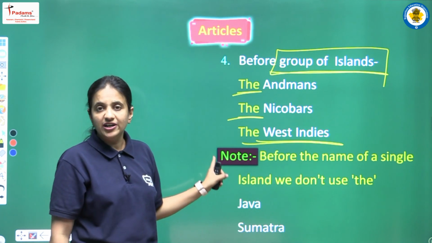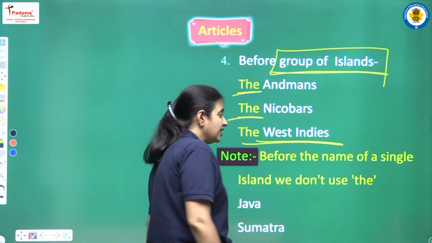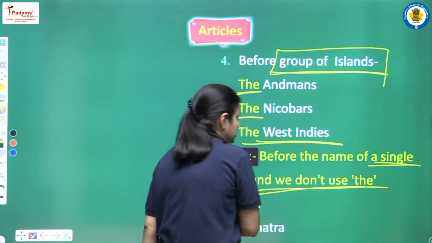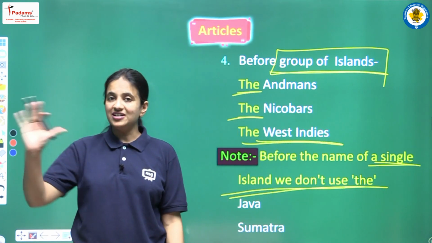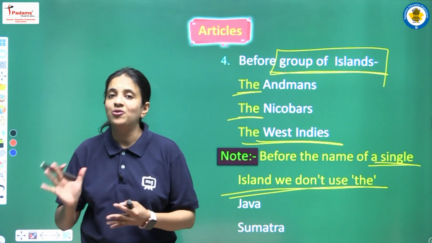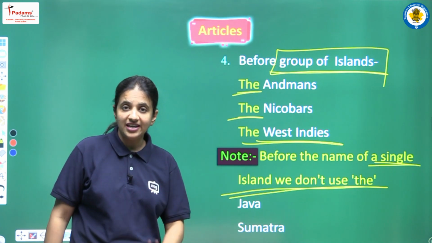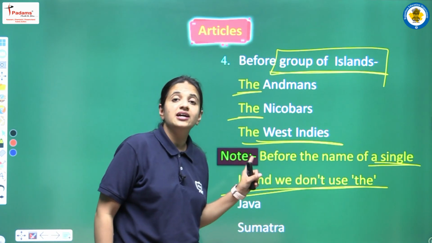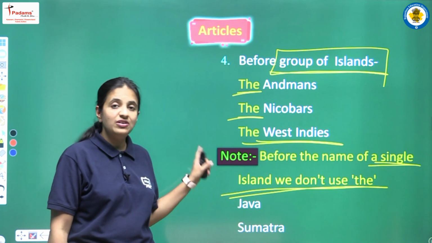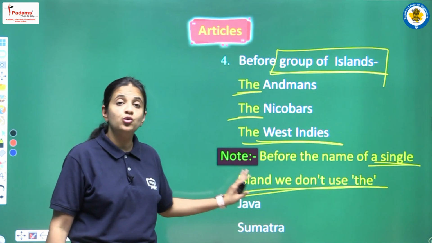Again, a very important note, a very important point we are having. So let's read. Before the name of a single island, we don't use the. Just like our first point, when we discussed that if we are having a single mountain peak, for that we cannot use the article. Similarly, if we are having a single island name, then we cannot use the. So we are having some examples, like Java or Sumatra.